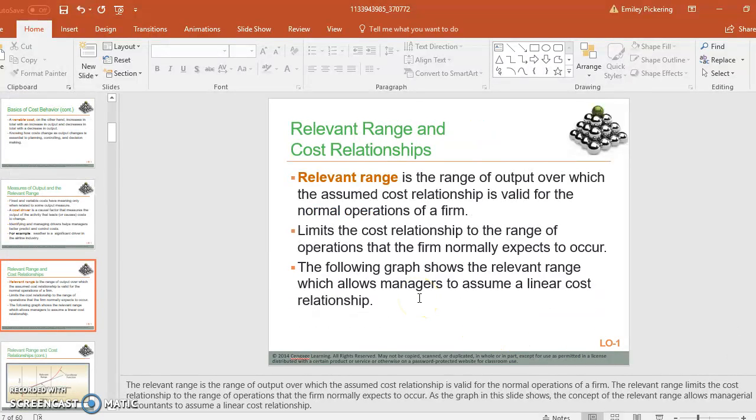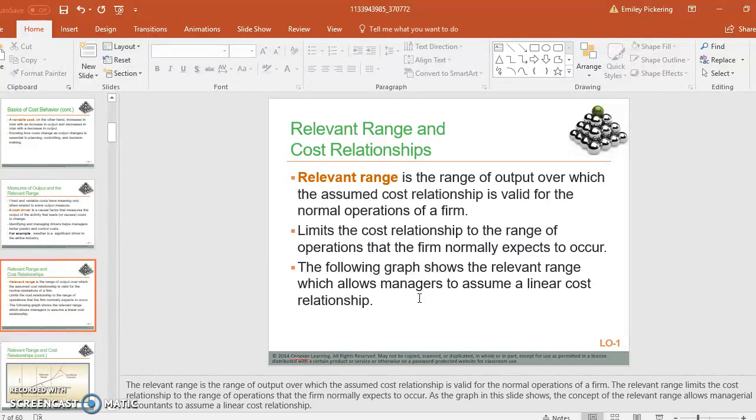Let's talk about relevant range. Relevant range is an assumption that we have to make. For example, we can say that variable cost does not change per unit as long as it's in a relevant range, or fixed cost does not change. Let me give you an example. Let's say you have a fixed cost of rent, and so you pay rent regardless of how many units you make or don't make.